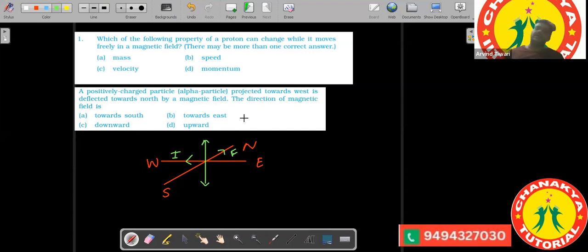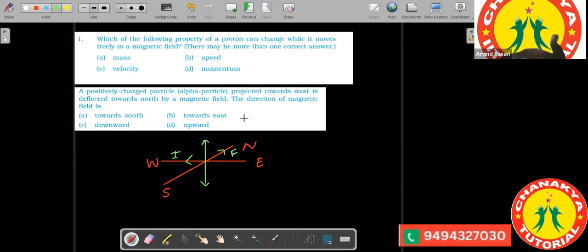Again here, arrange one of the fingers and then rotate the other, keeping it fixed. Here I have the direction of current, so I keep it fixed. Then I keep my thumb in the direction of force.